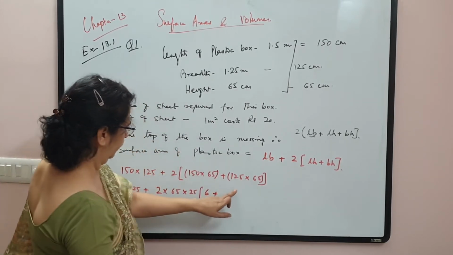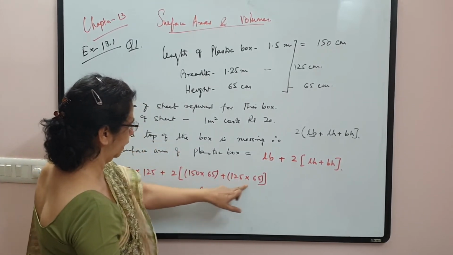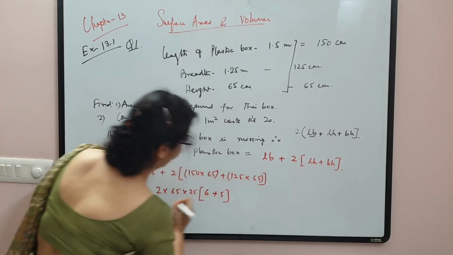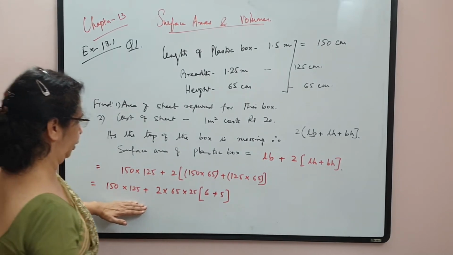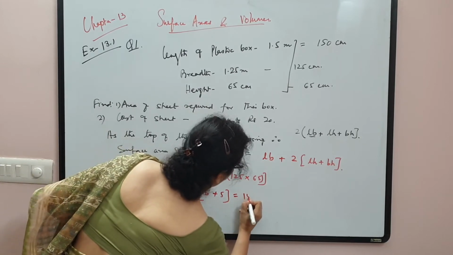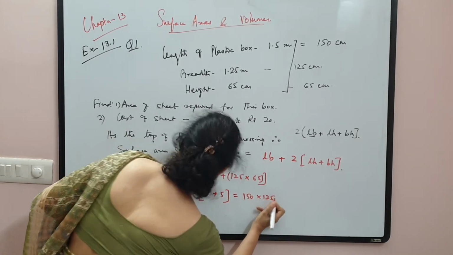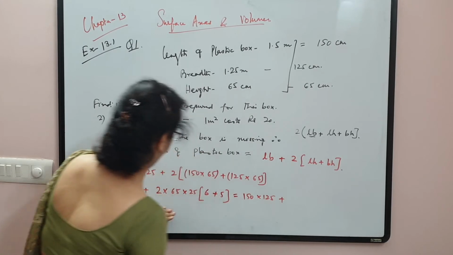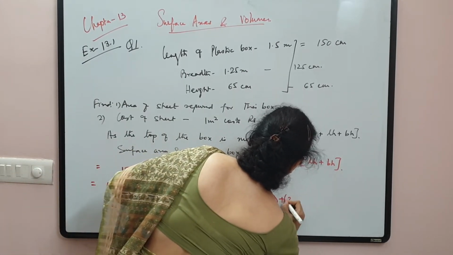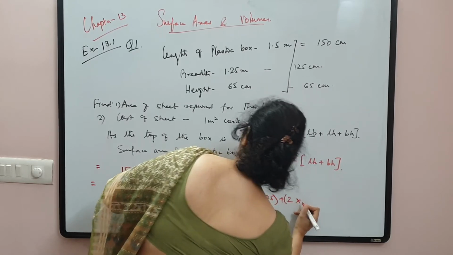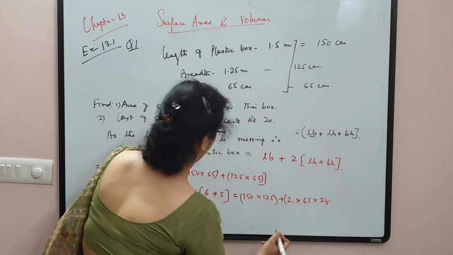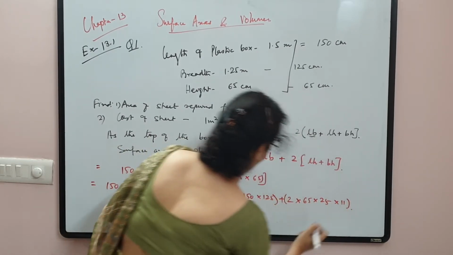Plus, this is 125, 65 is already out, so this becomes 1, 125 by 25 is 5, right? So, this is what you get. 150 into 125 plus 2 into 65 into 25 into 11.